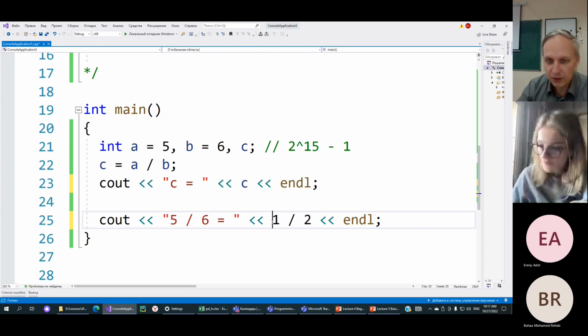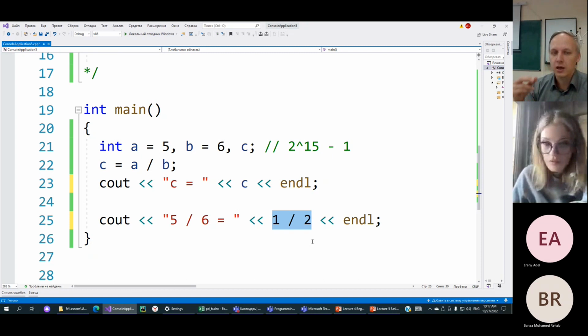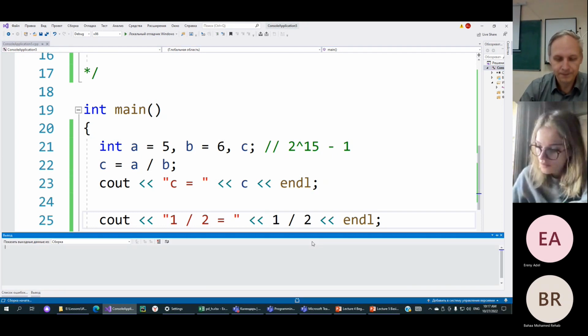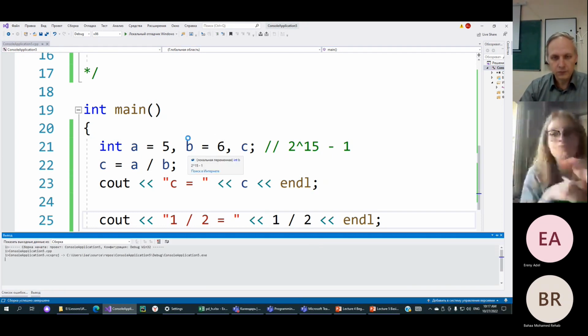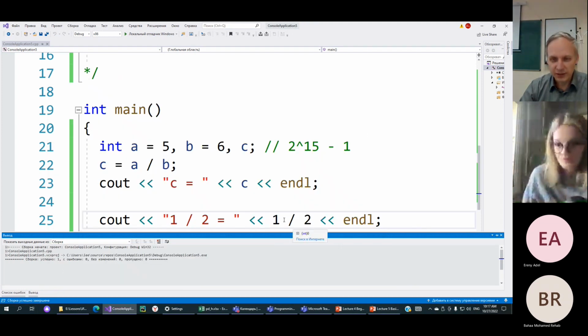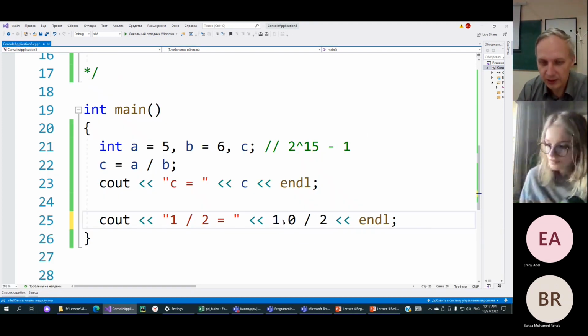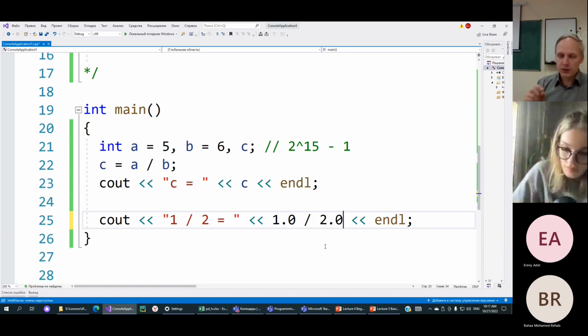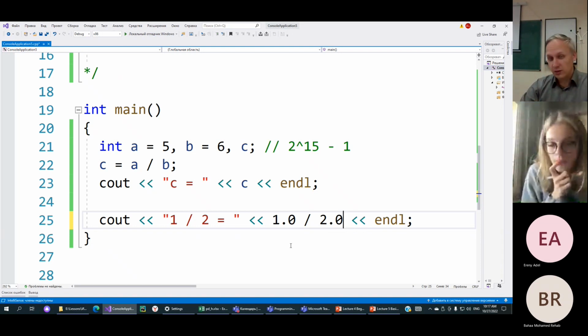In this case, we will see on the screen only the integer part, 0. But if I type here 1.0 and 2.0, I tell the compiler to consider these numbers as real numbers.